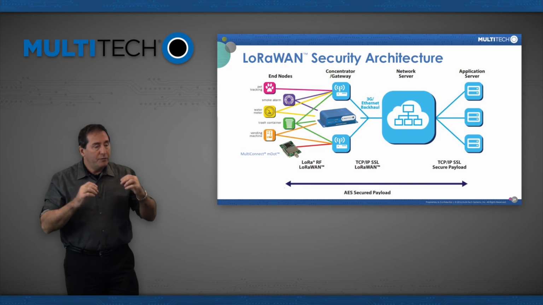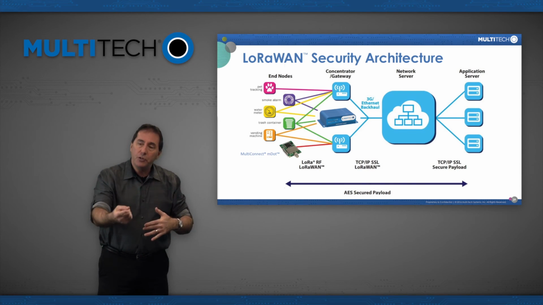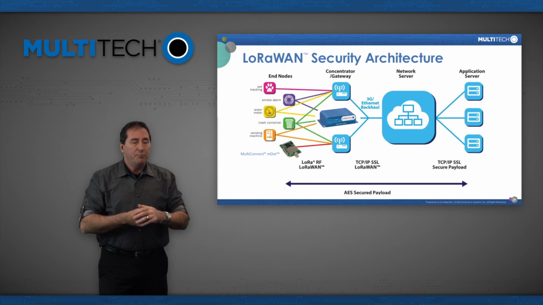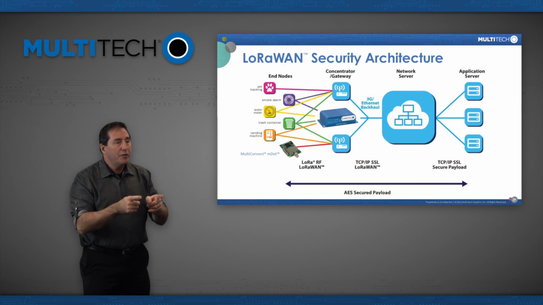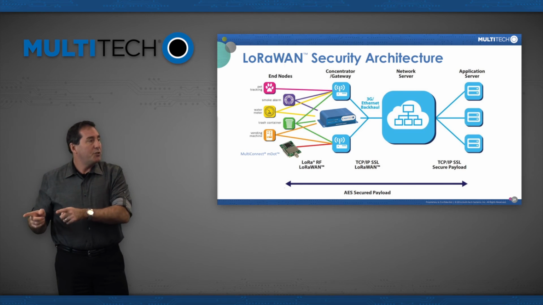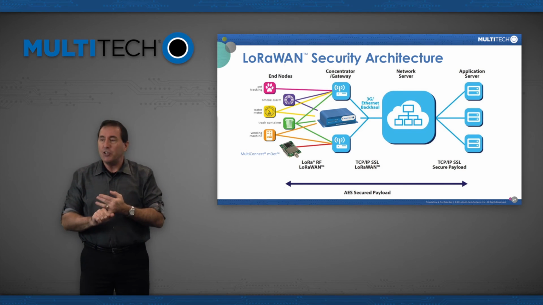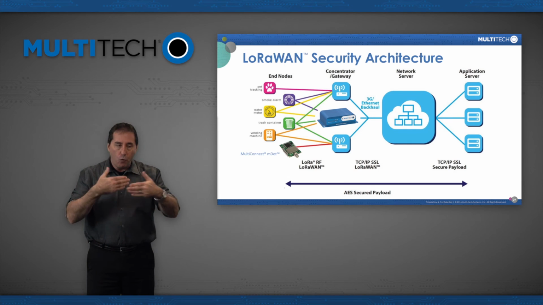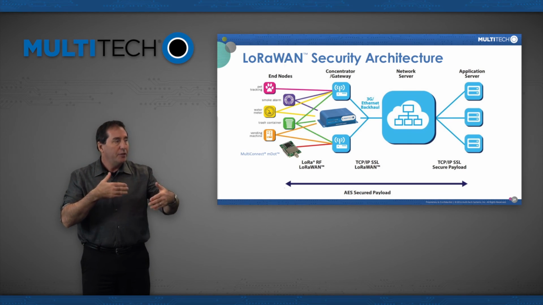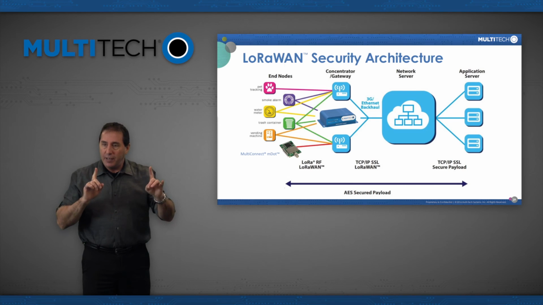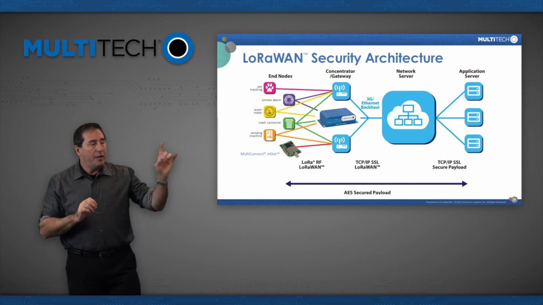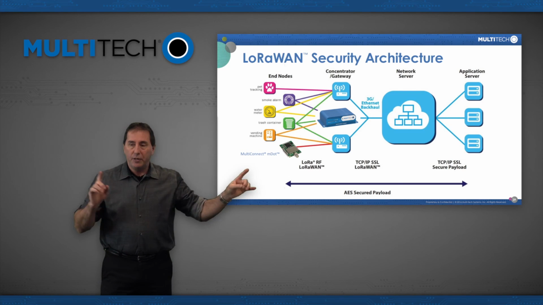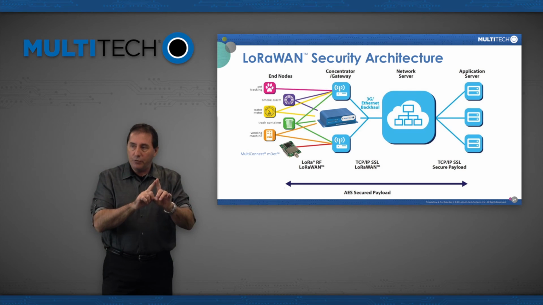Now, when the device later on at some point goes to join, it talks to the join server. The join server says, yeah, I'll let you on. And then the join server, remember, generates keys. These are things called session keys. So that for that communication session, you have individually and uniquely generated keys. The endpoint never shares, and the network never shares, a key over the air.